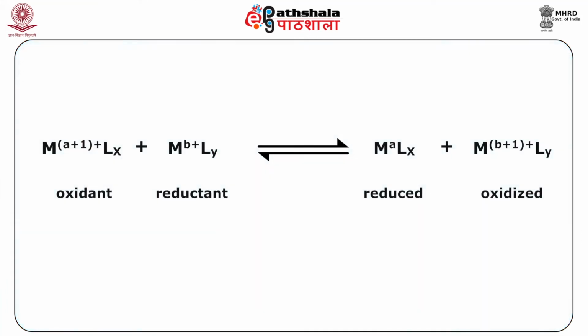The example is like M with charge A+1 having X number of L ligands, and another metal ion with charge B having Y number of L ligands, reacting together and forming M with charge N+ with X number of ligands, meaning the charge was reduced, and in the reductant, M with charge B+1 and Y number of L ligands.